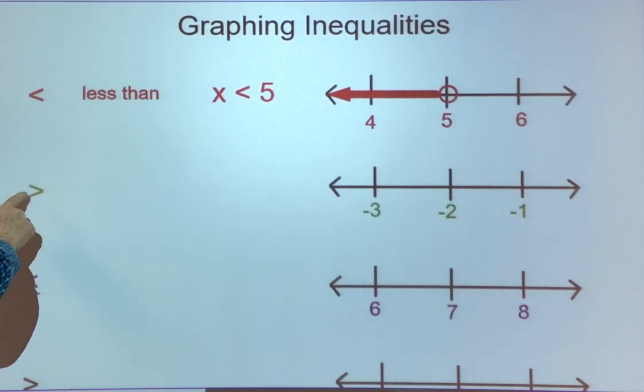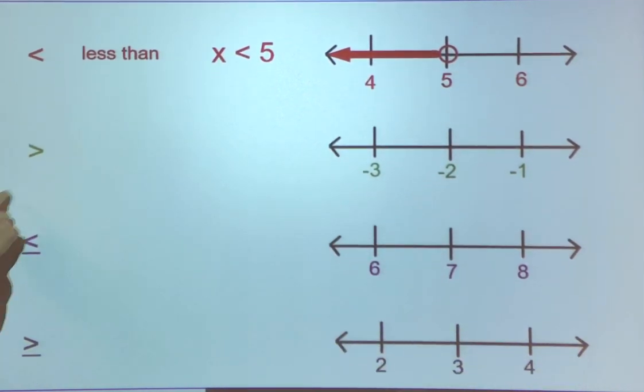Let's look at an example of greater than. Okay, let's say that x is greater than -2. So on our number line, we've just taken a snapshot. We have -3, -2, and -1. And when you're making your number line, if it's negative, make sure you get your numbers going in the right direction.